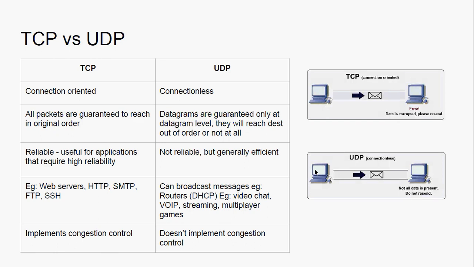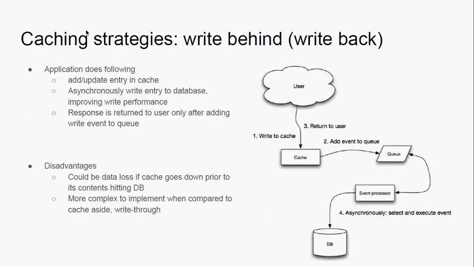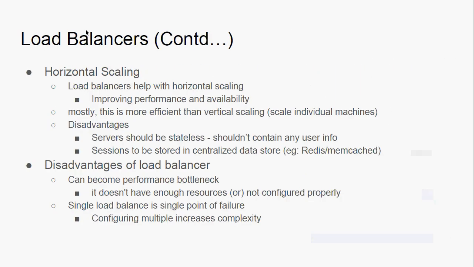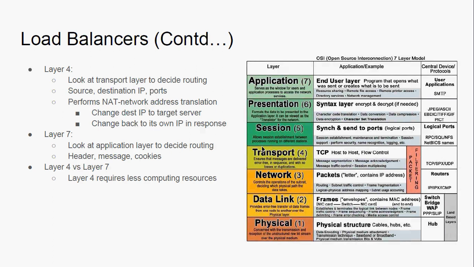So let's quickly head on to TCP and UDP. These are important protocols that you should be aware of in general. They sit in the transport layer of OSI. Let me quickly show it for those folks who have not seen it.